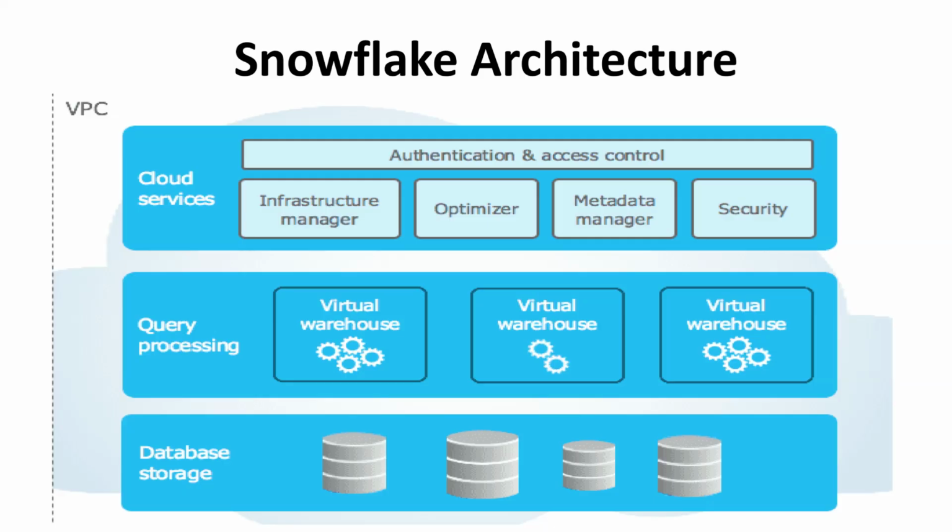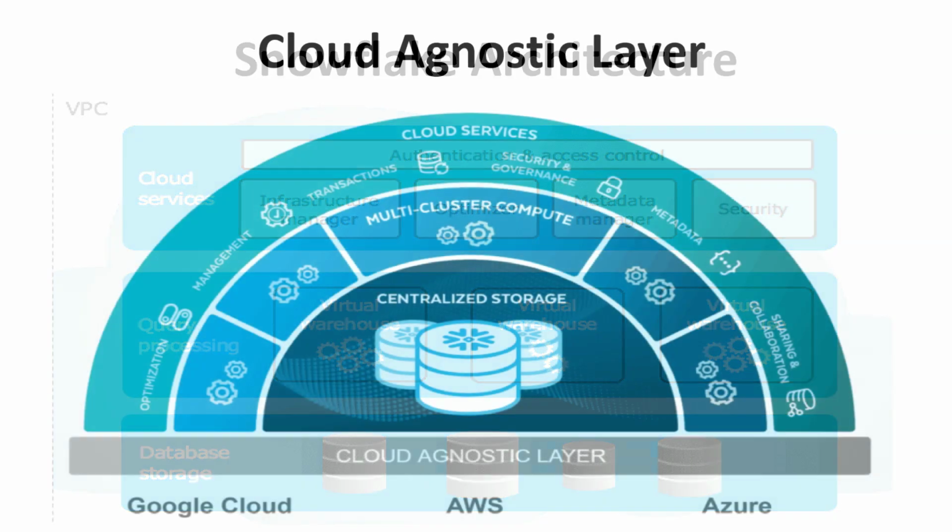The service layer is responsible for authentication of users, manages sessions, secures data, and performs query compilation and optimization. Infrastructure management by managing virtual warehouses and storage, coordinating data storage updates and access control so that the same version of the data is available to all warehouses with no impact on availability or performance.